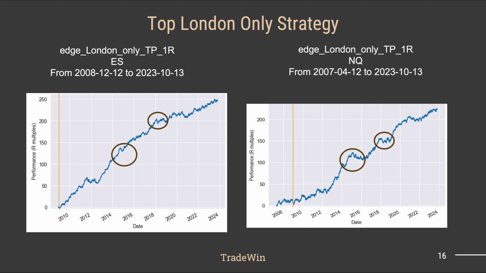That's the kind of information I have access to thanks to TradeWin, okay? So that was a quick example, but with such performance curves, I'm able to be really precise and to analyze also the big picture concerning the strategies.